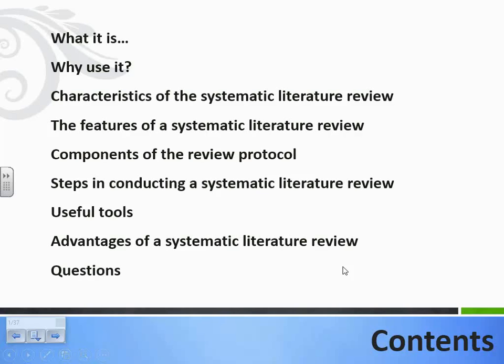And we're going to look at the steps in conducting a systematic literature review. After that, we will be looking at some useful tools, which is always good to be aware of. And then advantages of a systematic literature review. And finally, I will be taking some questions, if you have any from the floor.